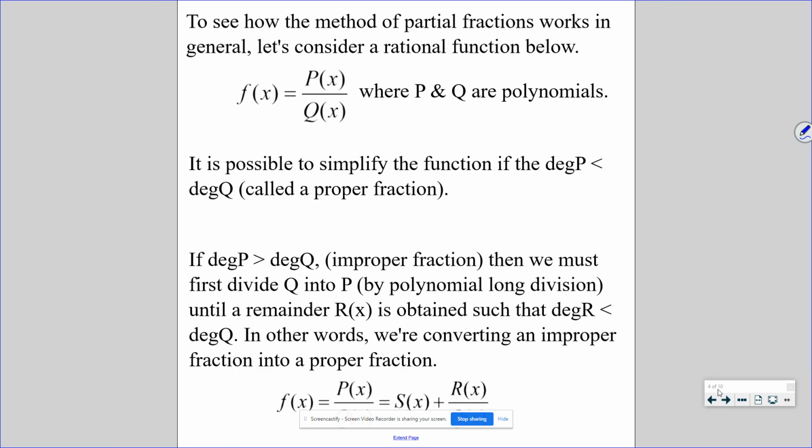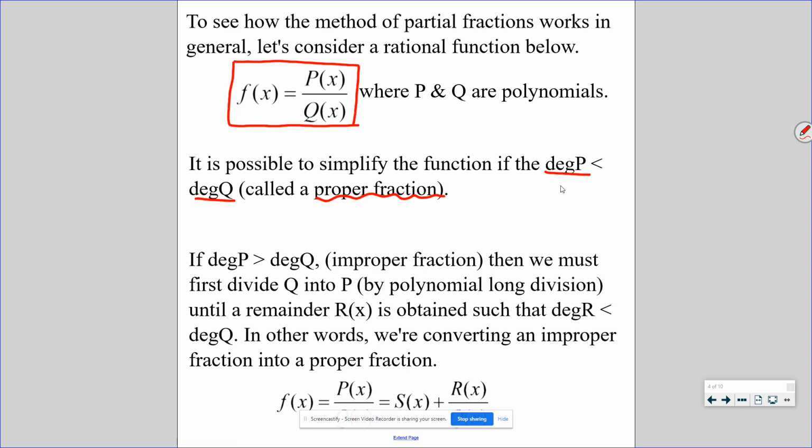All right. One thing we need to discuss, though, is that every time you see a fraction, it doesn't mean that you're going to have to do partial fractions. It depends on what kind of fraction or rational equation you're dealing with. So a rational equation is just one where there's a polynomial on top and a polynomial on bottom. If I have something called a proper fraction, that means that the degree on the top is smaller than the degree on the bottom.